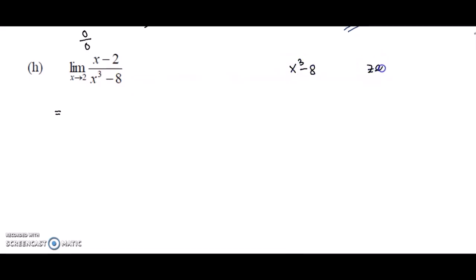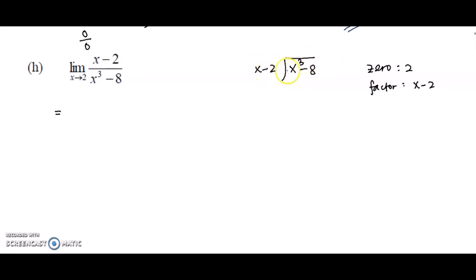The first 0 is 2, because I substitute 2 inside and I got 0. From the 0, I know that my factor will be x minus 2. So now I'm using long division, taking x cubed minus 8 divided by x minus 2 to see what quotient I get.